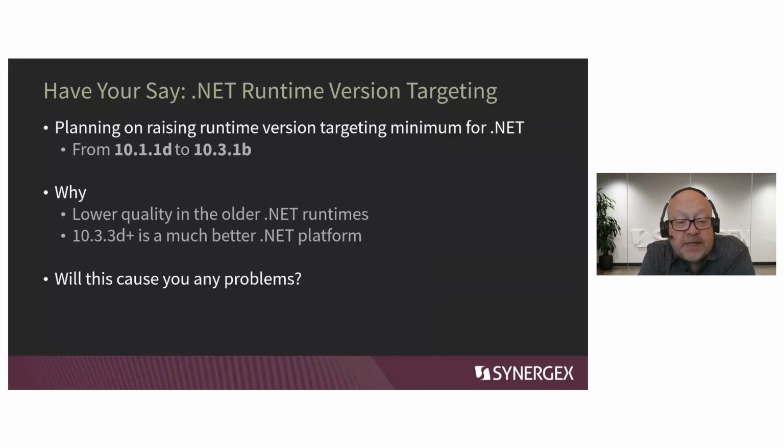With the benefit of hindsight, we now realize that some of those earlier runtimes were of a much lower quality in some areas, and we feel that the 10.3.1b and higher runtimes represent a much higher level of quality that really should be used in production systems.